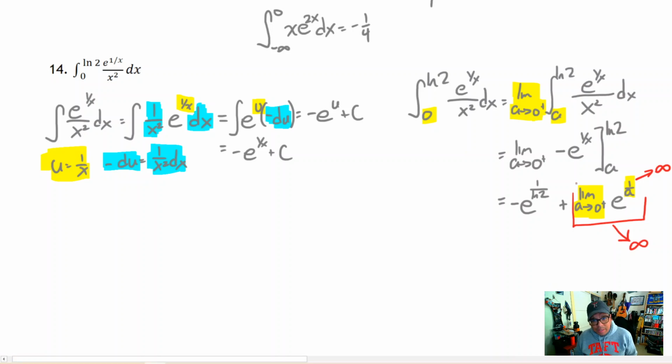Now, if this second addend is approaching positive infinity, is this really going to matter? And the answer is no. So the entire integral approaches positive infinity, which is to say that it diverges.